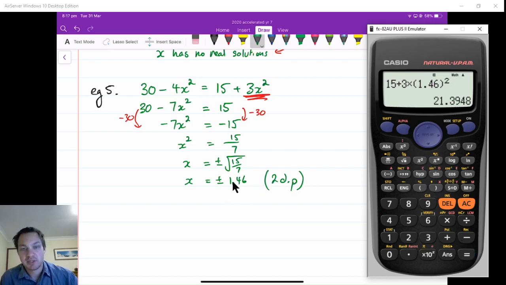Okay, there's going to be a rounding error because I rounded it, but the left hand side was about 21.5 and the right hand side was about 21.5 as well. Okay, I hope that helps with solving quadratic equations. This will be a very big topic in future years as we start getting some other terms in here as well.